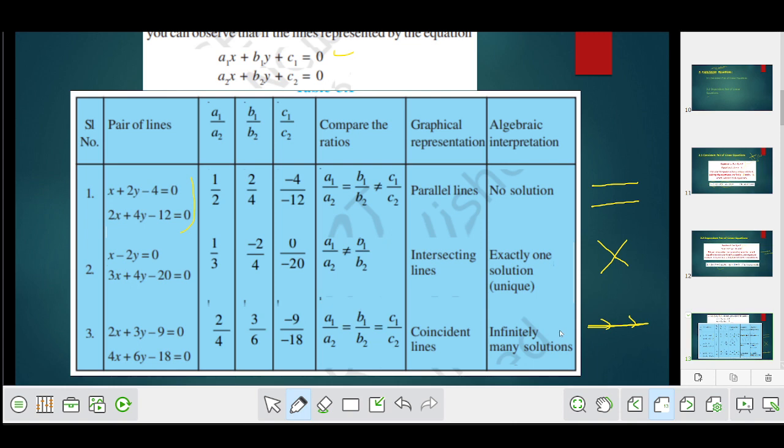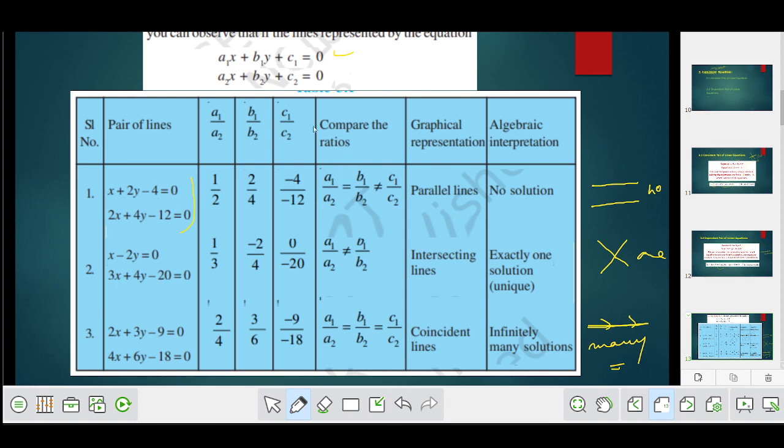But if these lines coincide, then they will touch each and every point of both equations, so we can get many solutions. Here none, here one, here many. Clear?